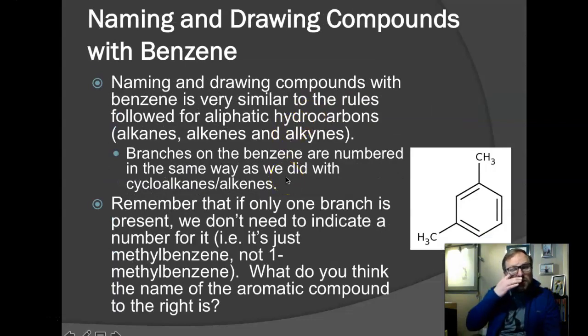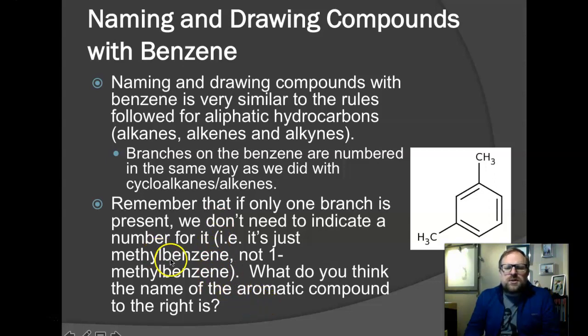When we are naming and drawing compounds with benzene, we are going to follow the same rules that we did for aliphatic hydrocarbons, so your alkanes, alkenes, and alkynes, and particularly the cyclo versions of these things. We're going to number the branches in the same way, to try to make the numbers as small as possible, and if only one branch is present, we don't need to indicate a number for it.